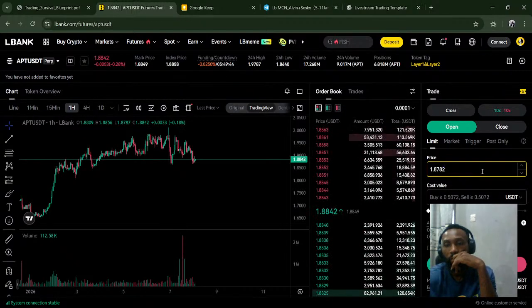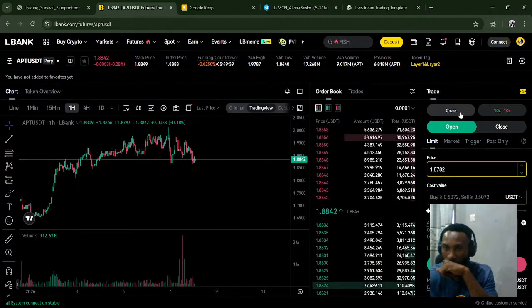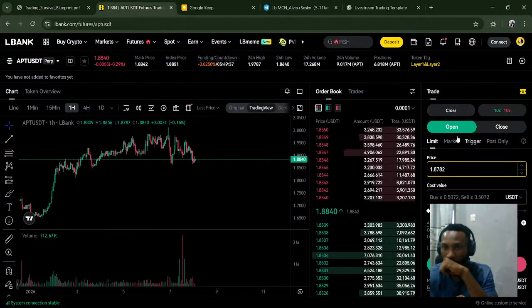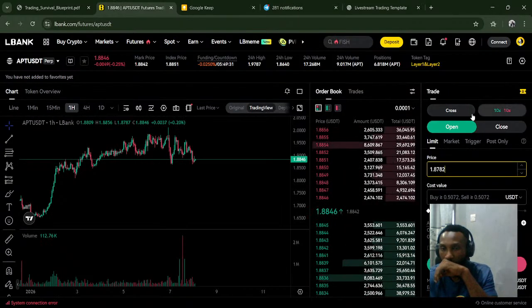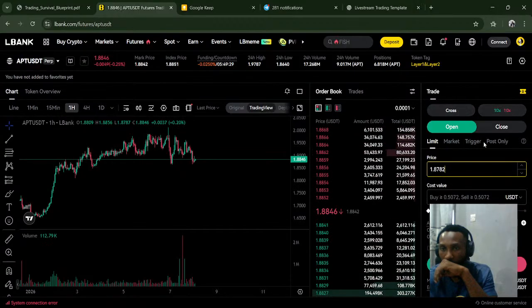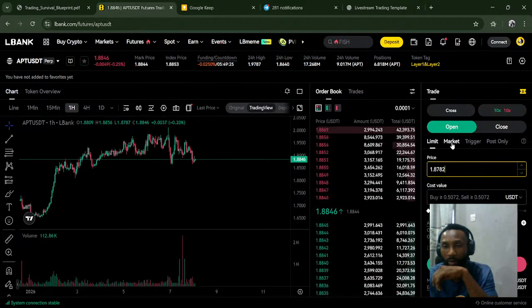We choose cross, and we make sure that it's on limit order. Market order is when you want to enter the market immediately.